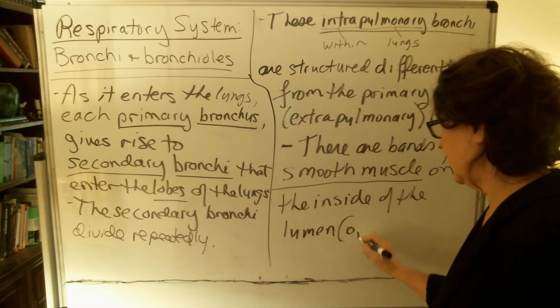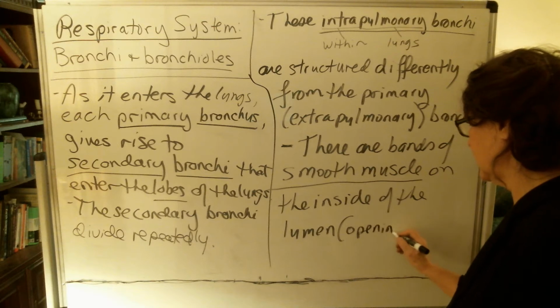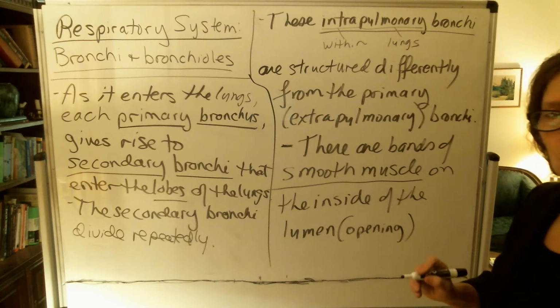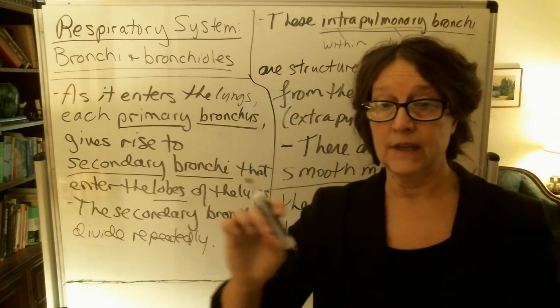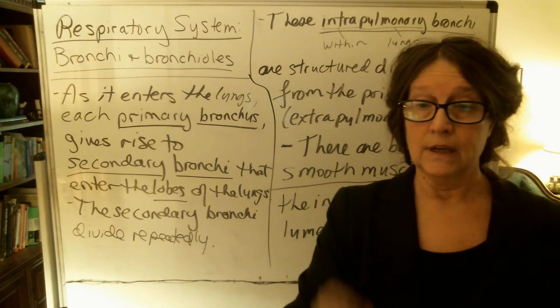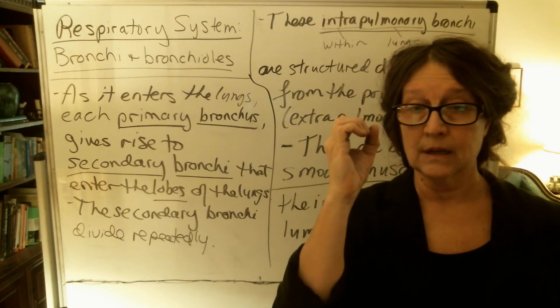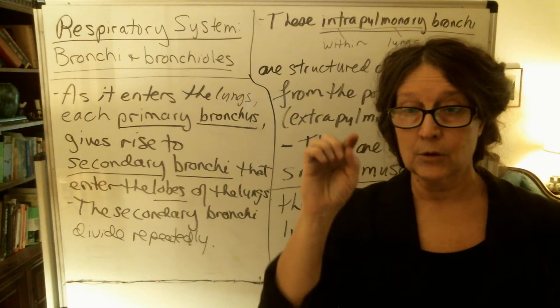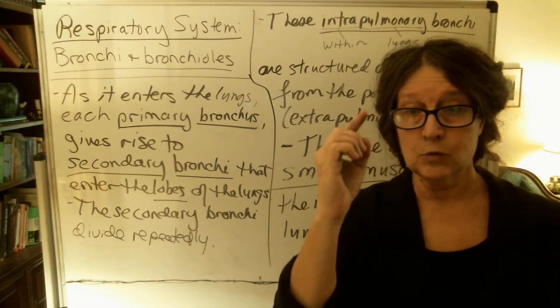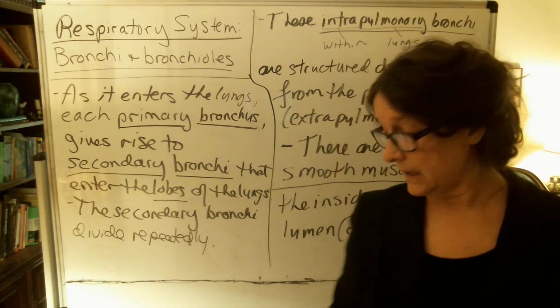The lumen, as you recall, is the opening. What is this saying? It's saying that on the inside of each of these bronchi inside the lungs, there is going to be smooth muscle on the inside there.